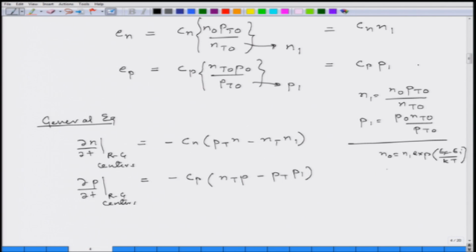And what is NTO and PTO? That is the equilibrium NTO divided by capital N T, which is basically the fraction of trap levels with electron. Now, we have earlier had an expression for when we are looking at the dopant.